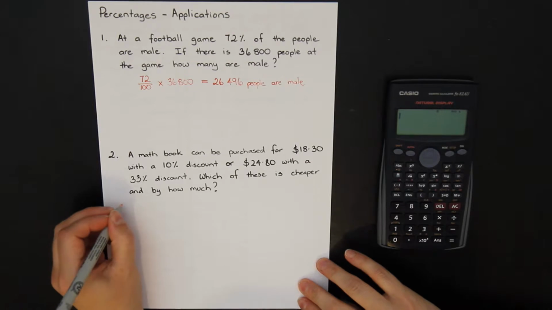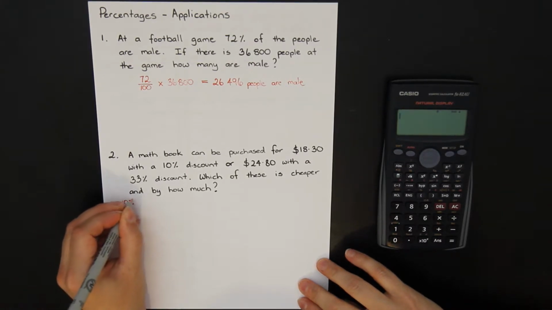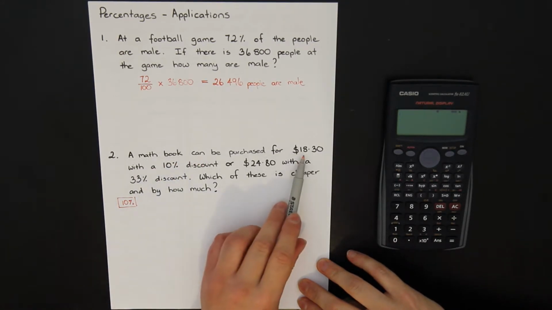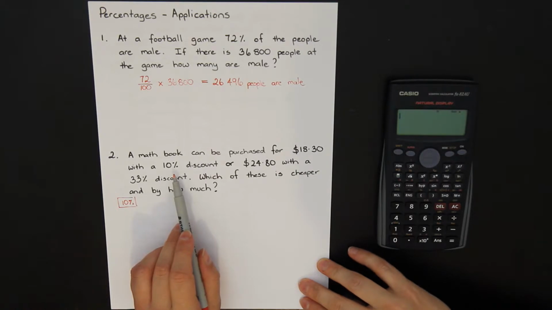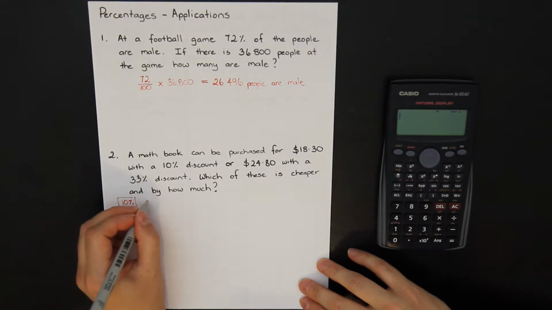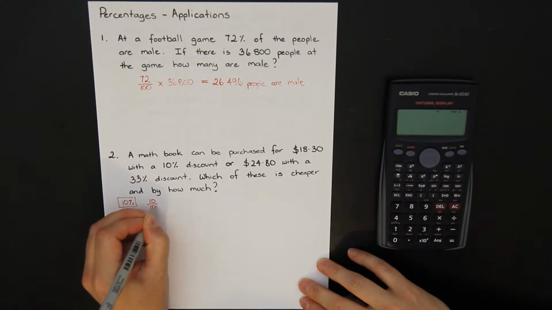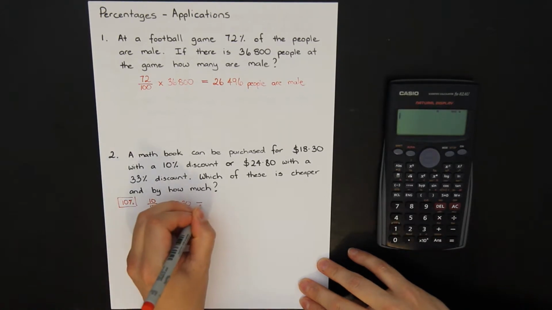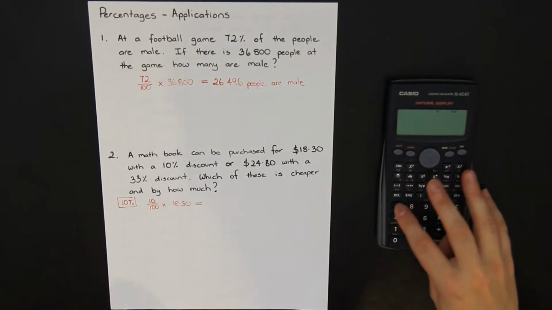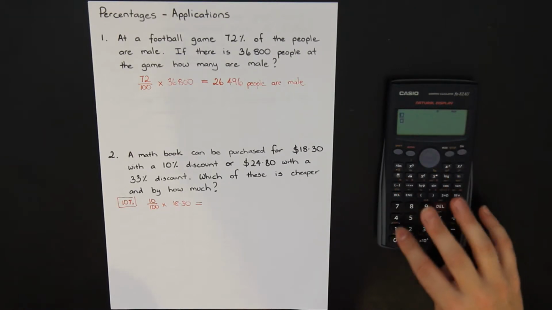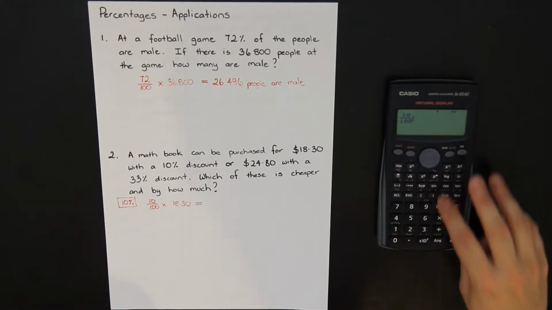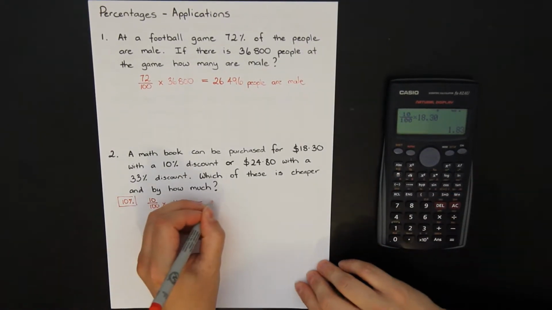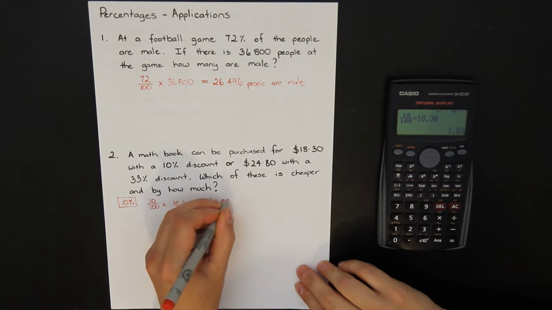So let's take the 10% discount first. A math book can be purchased for $18.30 with a 10% discount. So let's find out what that discount is. 10% of $18.30. On the calculator, 10 over 100 times by $18.30, you may not have even needed a calculator for this one, is a $1.83 discount.